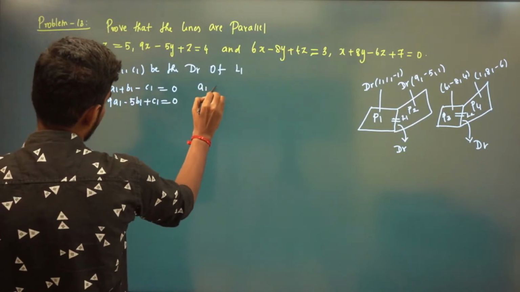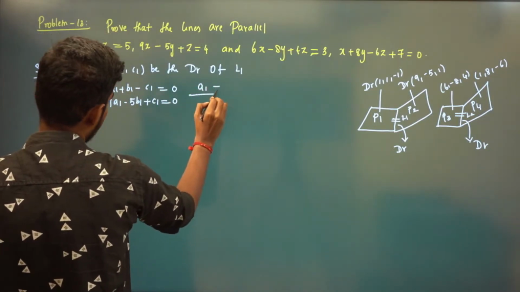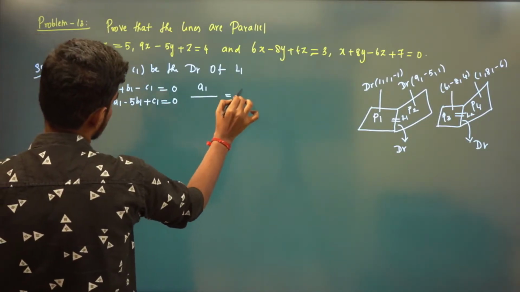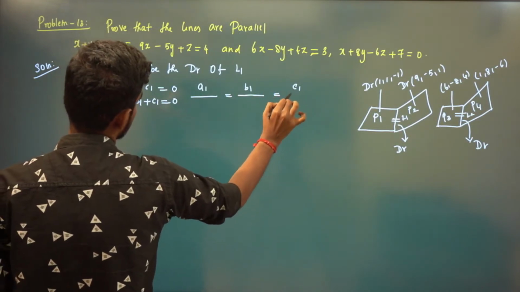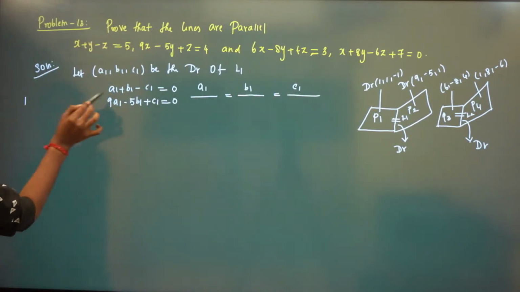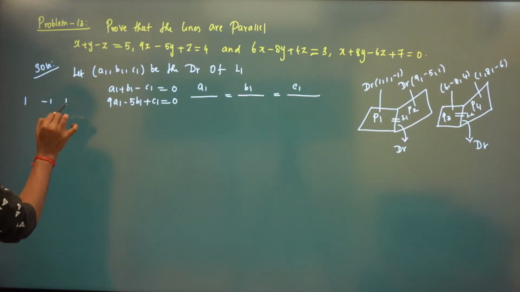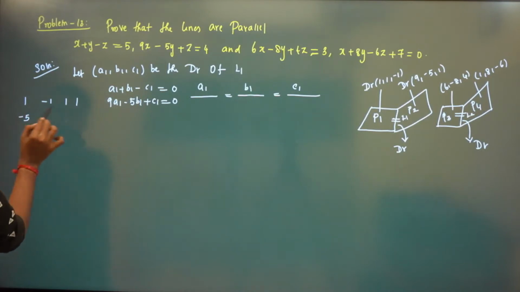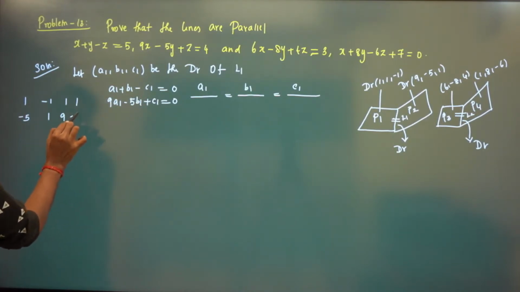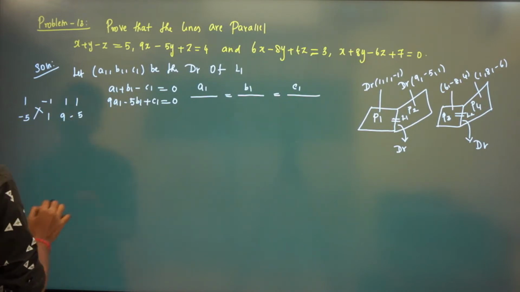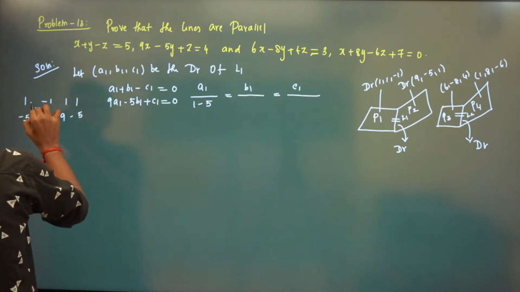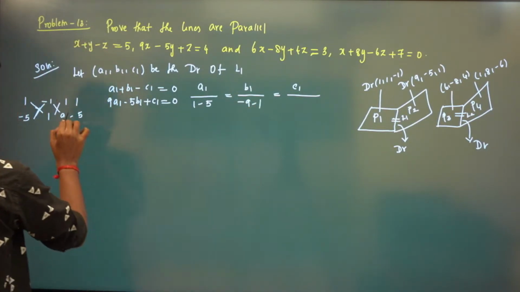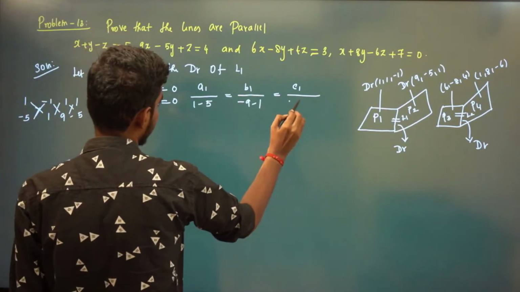So you will have A1 divided by 1 minus 1, 1 1 1 minus 1, 1 1 minus 5, 1 9 minus 5. So it will be 1 minus 5, 1 minus 5 minus 9 minus 1, minus 5 minus 9.